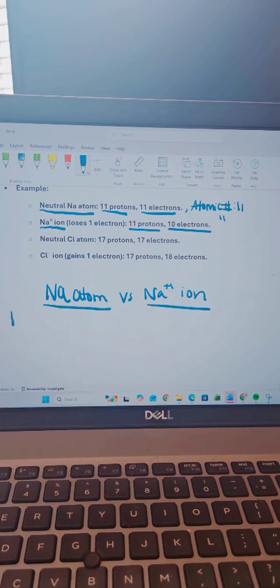The sodium atom, we're going to go straight down the row, okay? The protons for the sodium atom on my periodic table, it has an atomic number of 11. Therefore, I have 11 protons. My electrons, I also have 11 electrons.